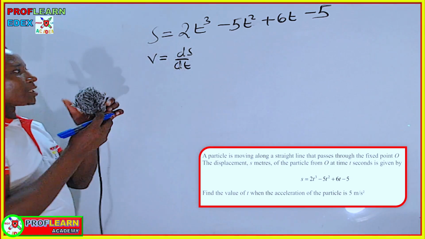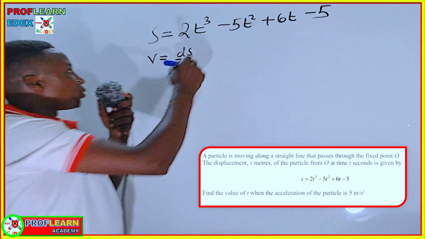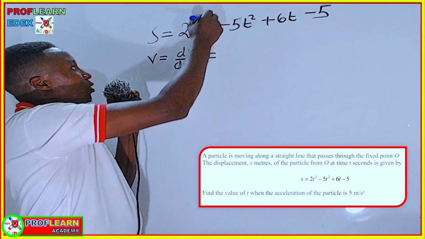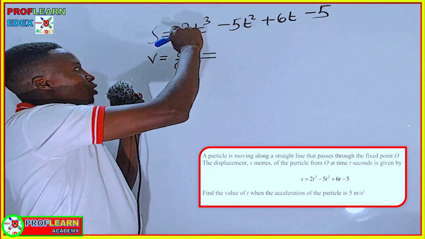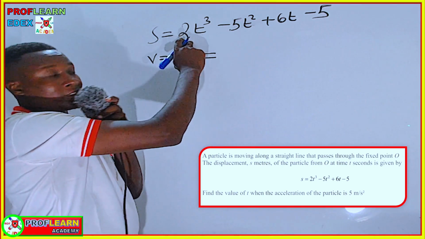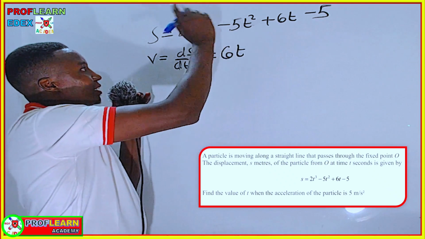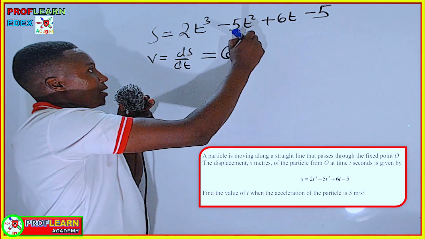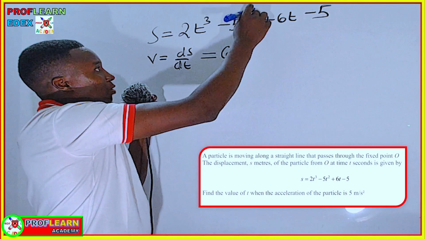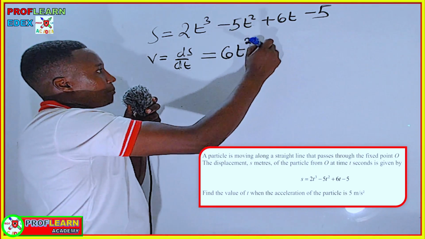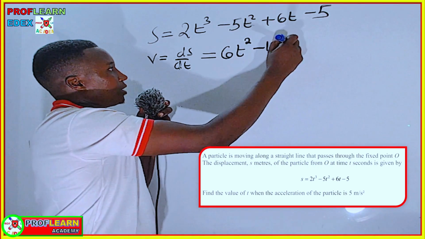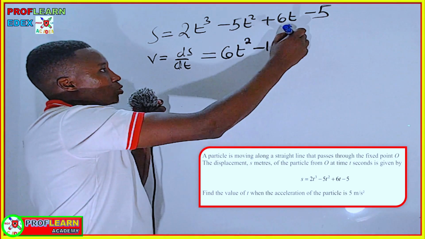This is the symbol that means differentiate. When you differentiate, you take the power down and multiply it with the number in front, that becomes 6t, but the power decreases by 1, you subtract 1 and have 2. Then also we take the power down, it becomes minus 10t, then 2 minus 1, you remain with 1.